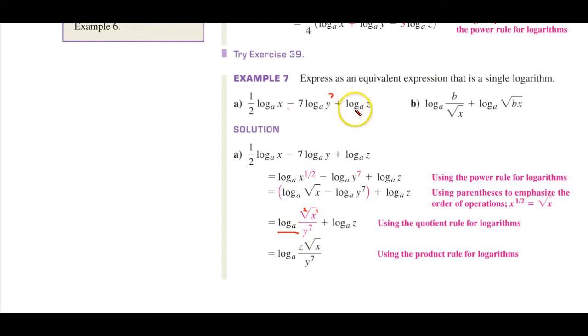Now, plus log base A z. Now we could put that z afterwards, but most commonly it's placed in the front. And there's letter A. Let's go on to do B.